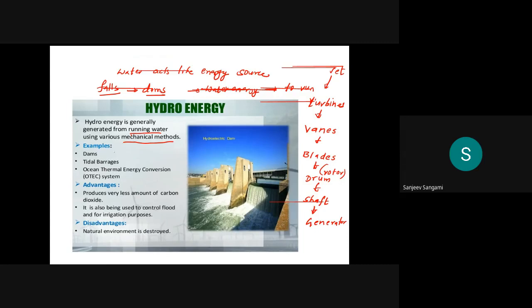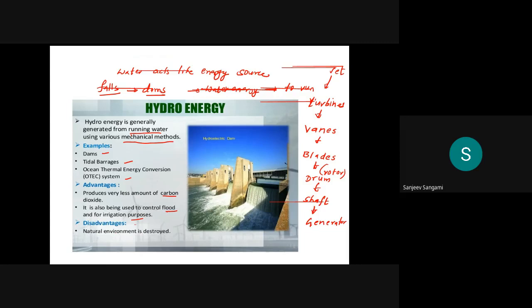The best examples are dams and tidal barrages. Nowadays, oceans are also used for the generation of energy. The main advantage is that it produces very little emissions. It is also used to control floods as well as for irrigation. Once you construct a dam, you stop the flood and use the water for irrigation.